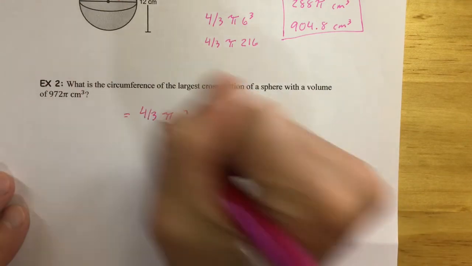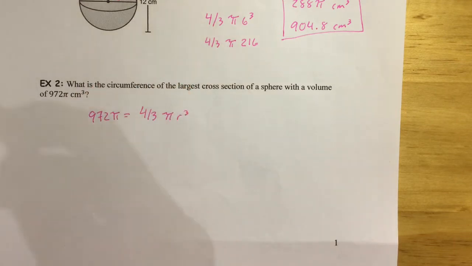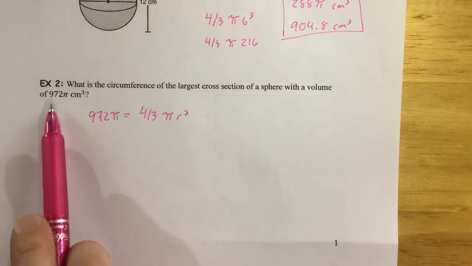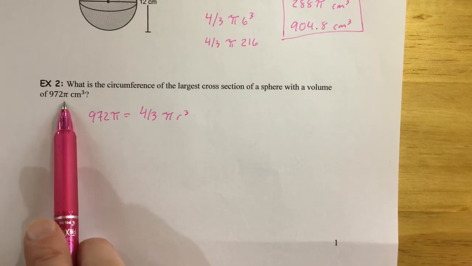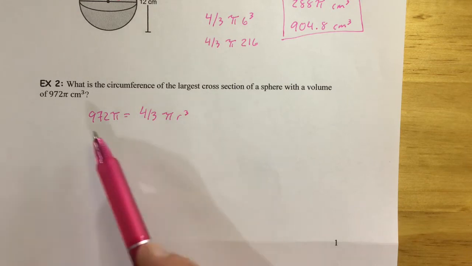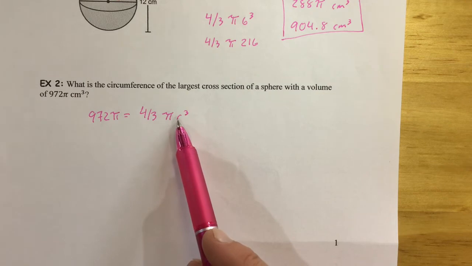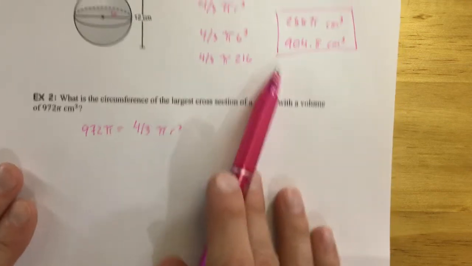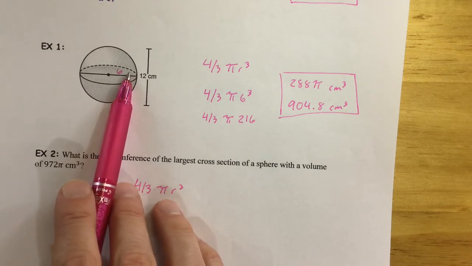So if you knew the volume to be 972 pi, by the way, I've mentioned this in the past, but if you're provided a number that involves pi, that's because they're trying to set you up for a really good problem, like seeing the pi's cancel. But if we have the volume and we have the formula, then we should be able to figure out what the radius is, right? You should be able to, look at this picture here. You should be able to figure out what the r value is by just working backwards.